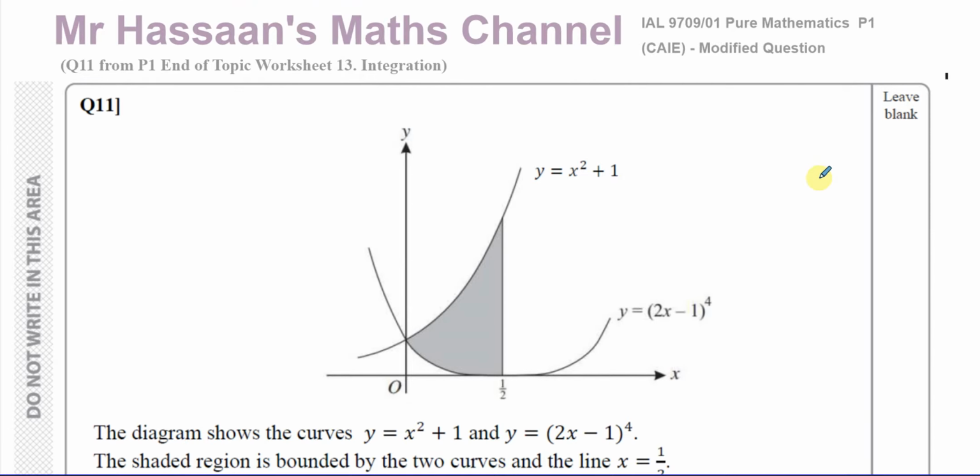Now, this question number 11 is one of those questions that I have modified from some other type of question, and I've made some changes to the equations as well, so that it's relevant to what we're doing in P1 in Cambridge.